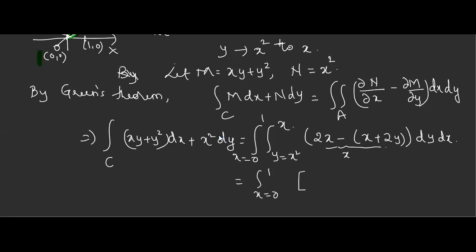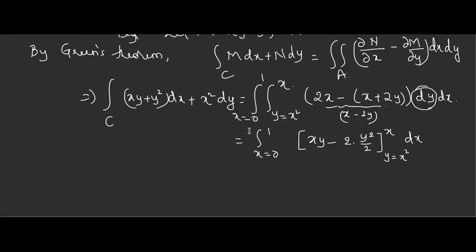First you integrate this with respect to y. What is the integration of x with respect to y? xy. Minus 2 into the integration of y with respect to y, which is y square by 2. Do mention that y is varying from x square to x, otherwise you will change x also.